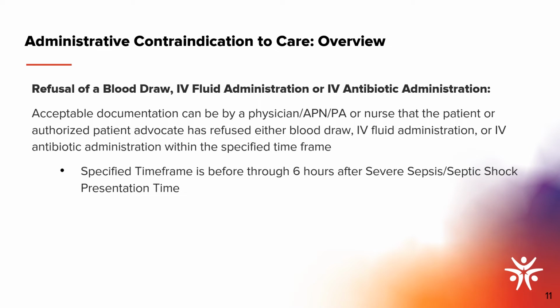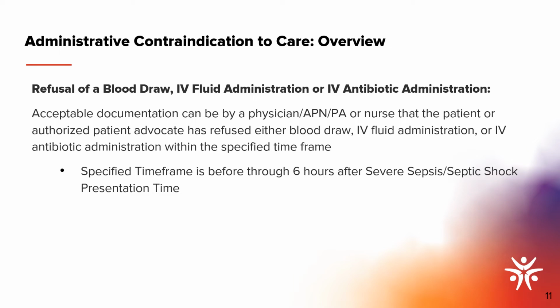Let's move on to administrative contraindication to care, refusal of a blood draw, IV fluid administration, or IV antibiotic administration. Acceptable documentation can be by a physician, advanced practice nurse, physician's assistant, or a nurse, that the patient or authorized patient advocate has refused either a blood draw, IV fluid administration, or IV antibiotic administration within the specified time frame.